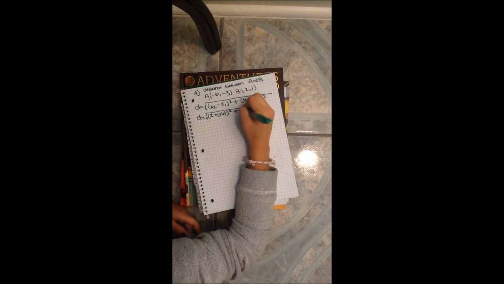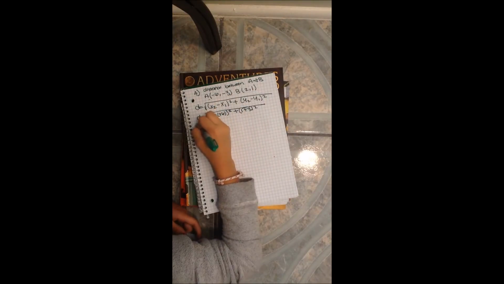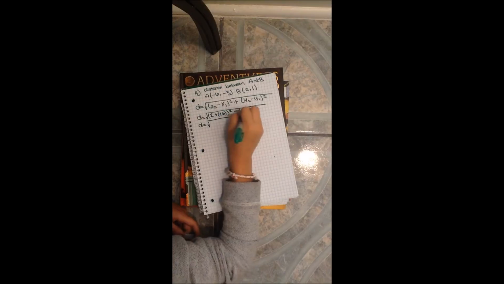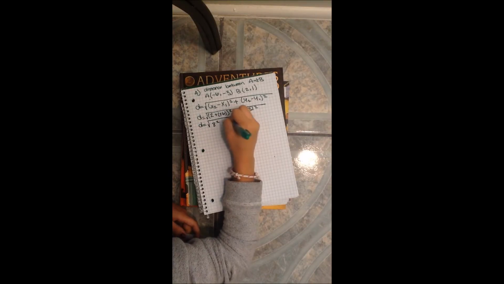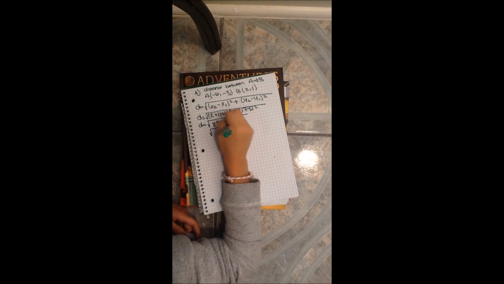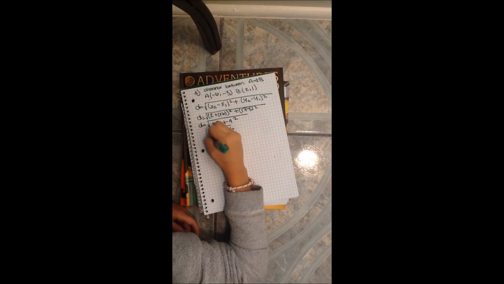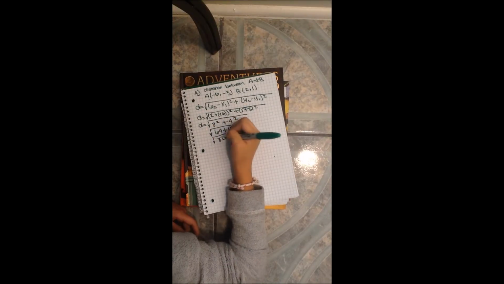1. Since it's minus negative 3, it would just be plus 3 squared. So d equals the square root of 8 squared plus 4 squared, so it would be 64 plus 16, which equals the square root of 80.